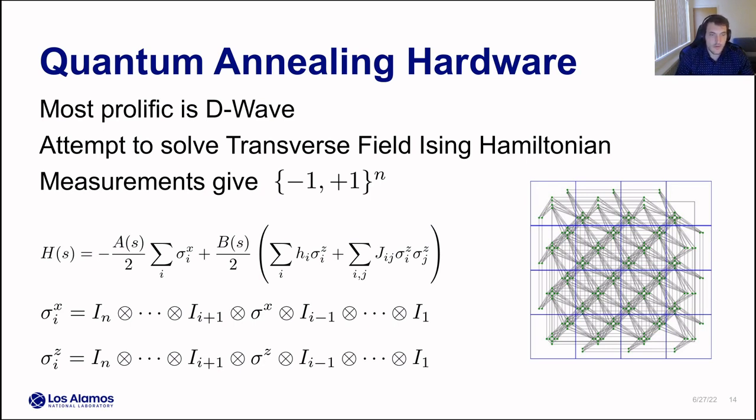Mathematically, the way that this is realized is shown down below for the sigma_i^x and sigma_i^z terms, because it can be a little bit confusing to realize that these are actually 2^n by 2^n matrices that you're working with. And when we perform our measurements, we're measuring either a +1 or a -1 because we're measuring on the z basis.